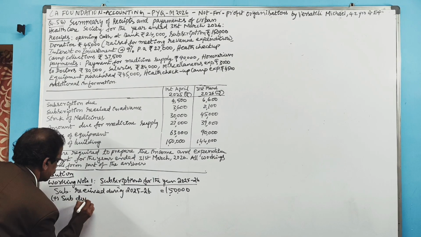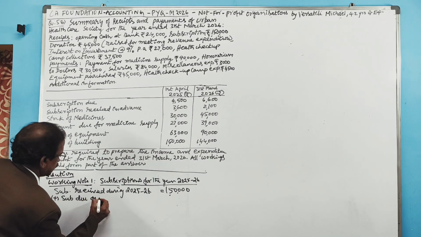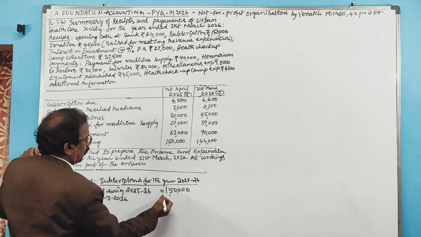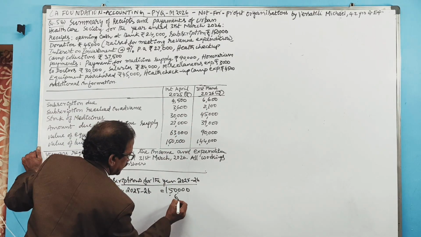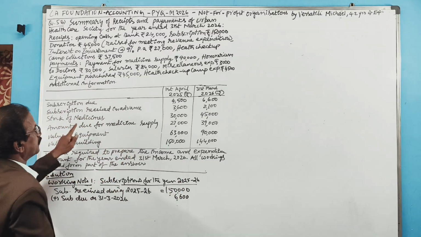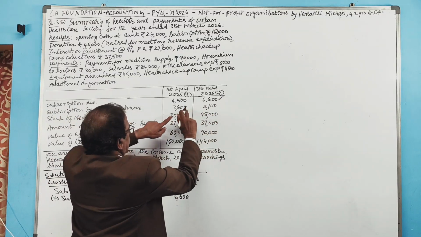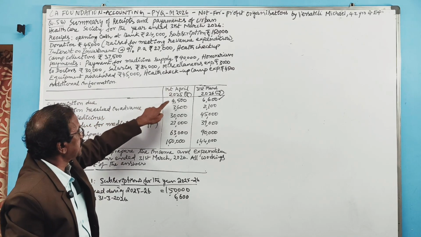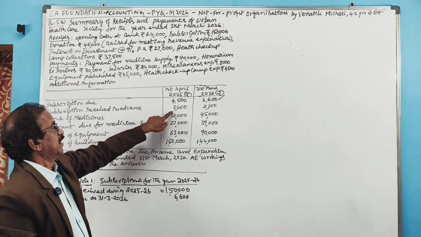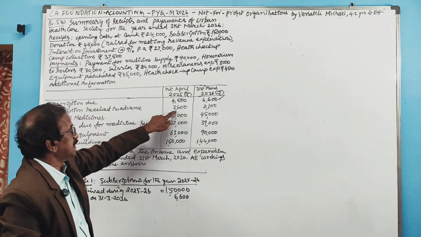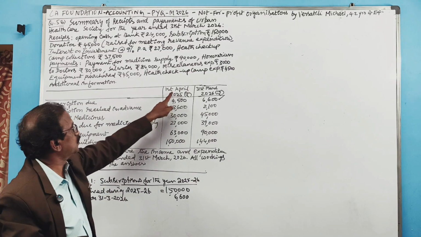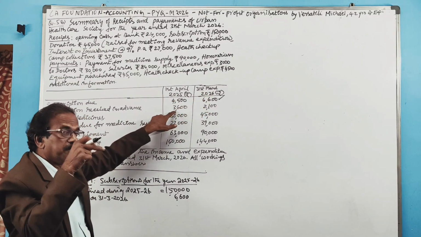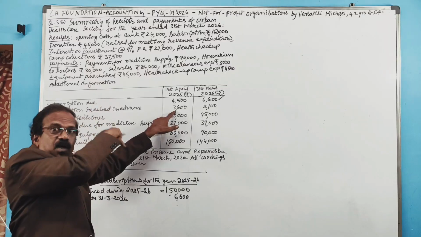Subscription due on 31/3/2026, the amount is 6,600. Now take subscription received in advance. As on this date it relates to the current year, 1st April 2025 to March 2026, but it had already been received last year.